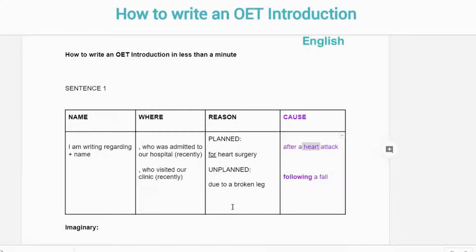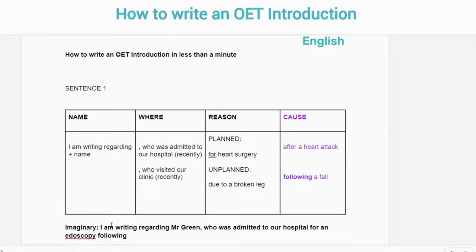Okay, so let's get some imaginary sentences going on just to practice this and show you how quickly you can do this. Raji, can you give me an imaginary intro? Yes, sir. I'm writing regarding Mr. Green, who was admitted to our hospital for an endoscopy, following recurrent regurgitation.